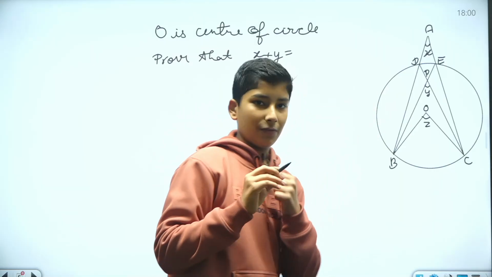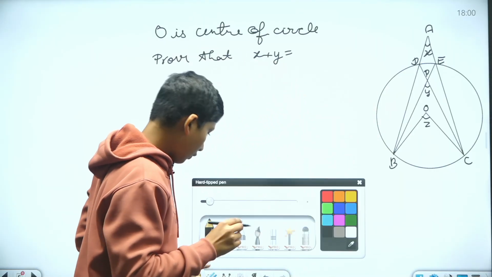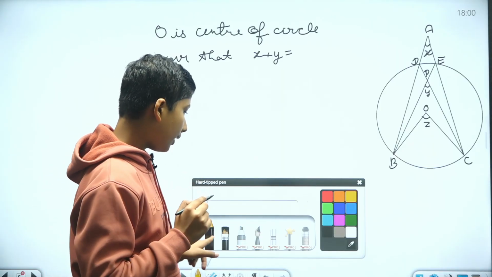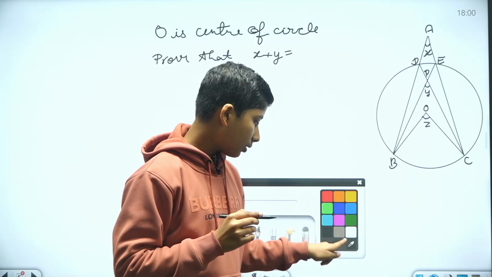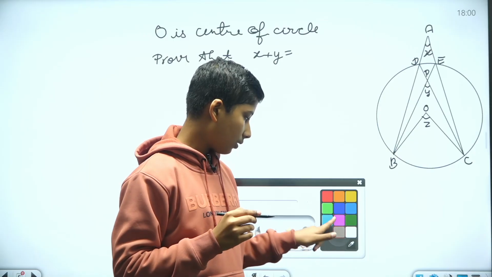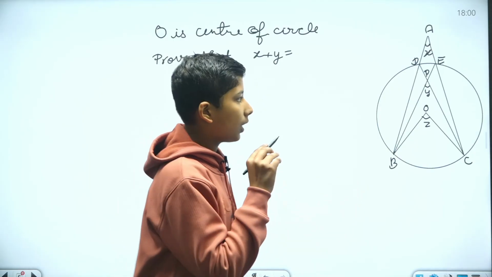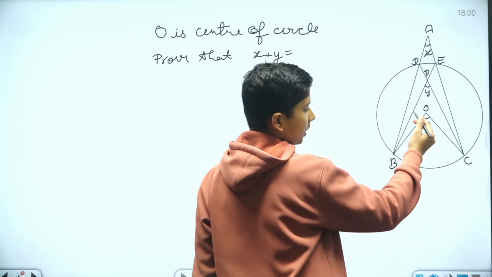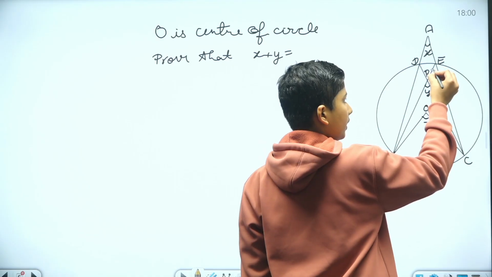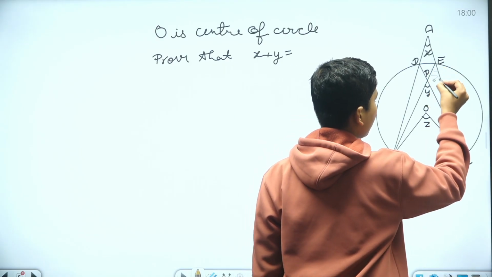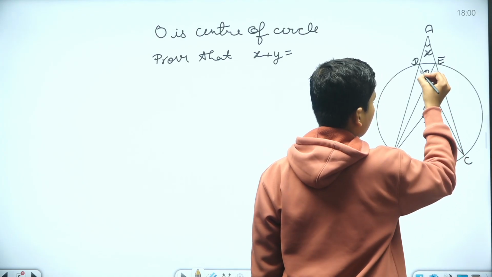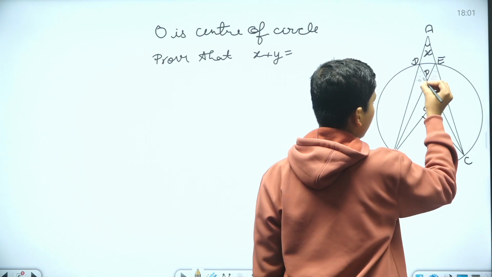This is very confusing. So firstly I'll decrease the width so that I can write well. Now I'll choose a color. Yes, not black, this brown. Okay, so now see, this is z, this is y, and what will this be? This will be z upon 2, and this will also be z by 2.